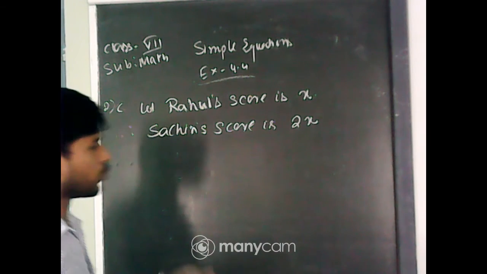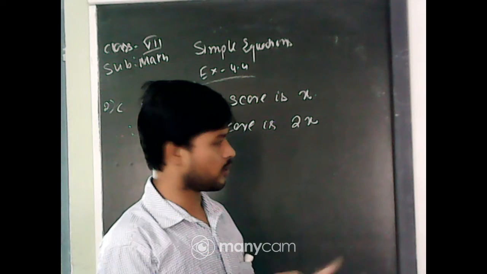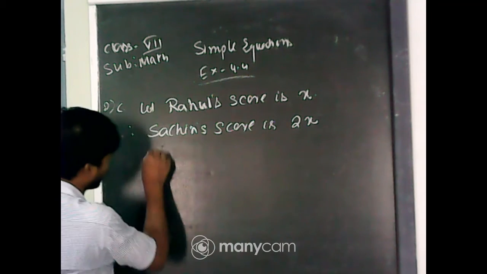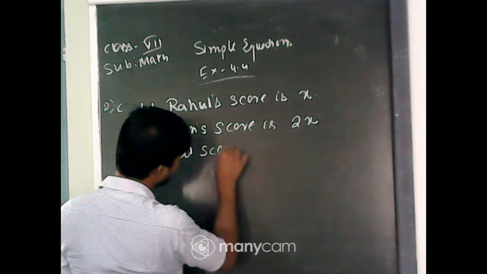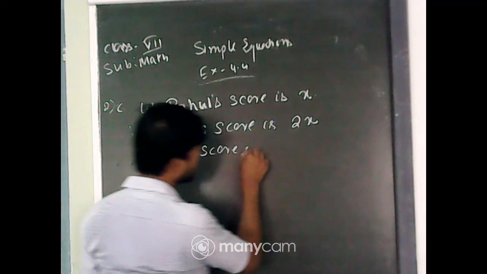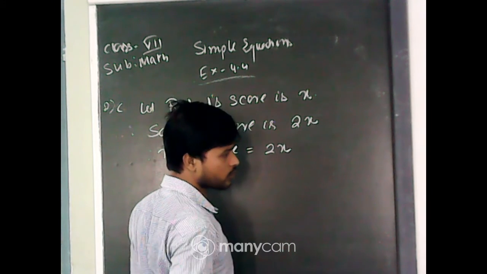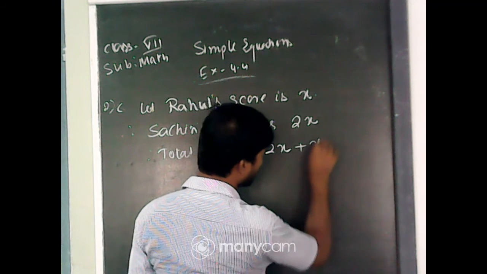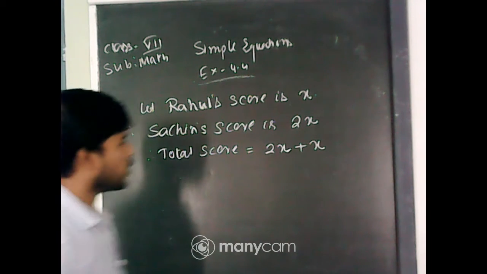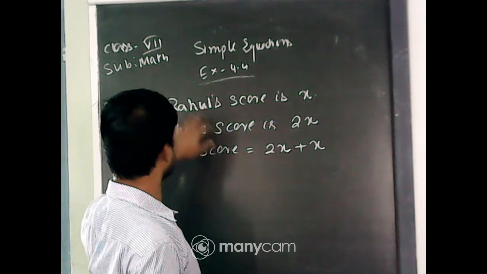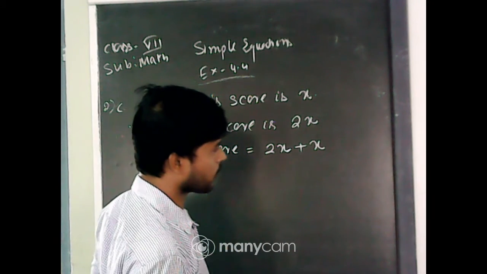Okay. Now together, what is the score done by them? So the total score will be the score of Sachin, which is equal to 2x, plus the score of Rahul, which is equal to x. So this is the total score done by the batsmen Rahul and Sachin. Okay.